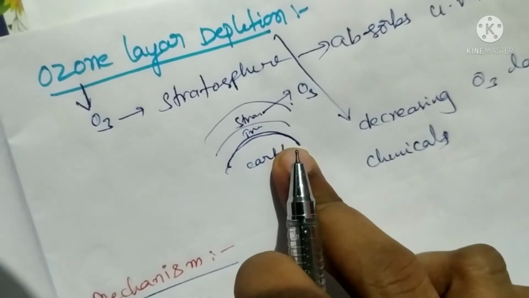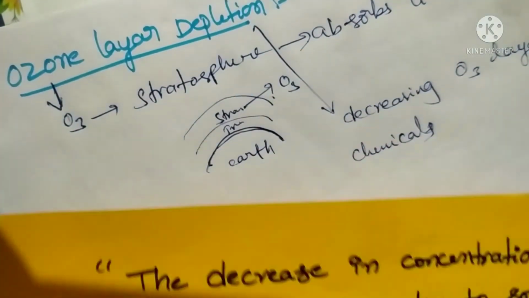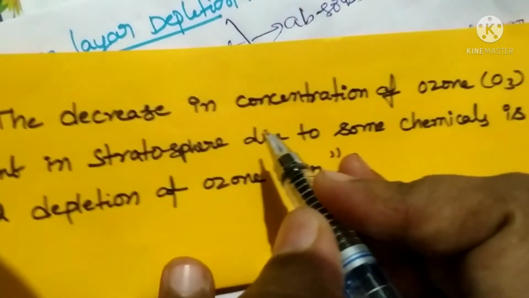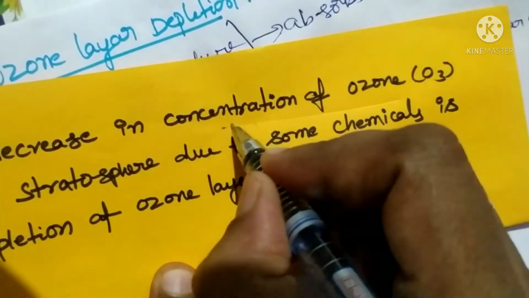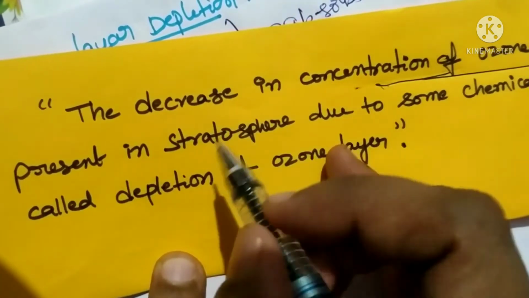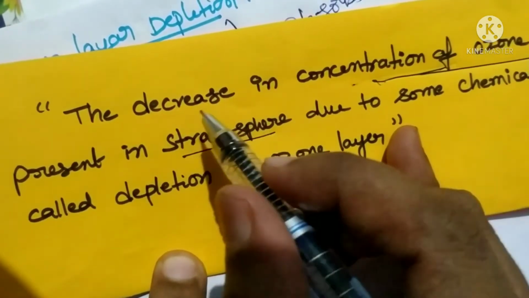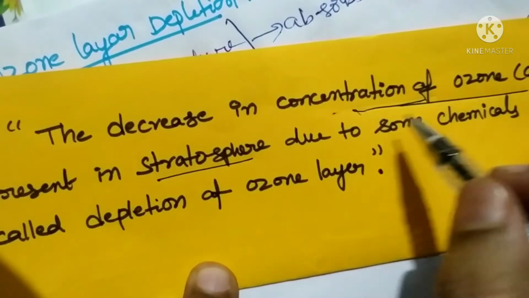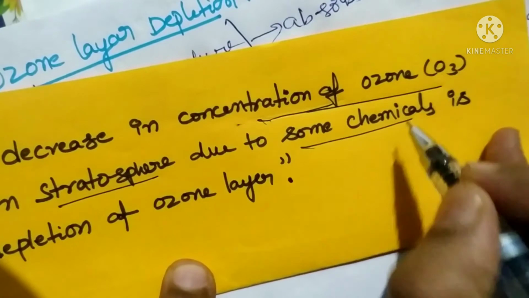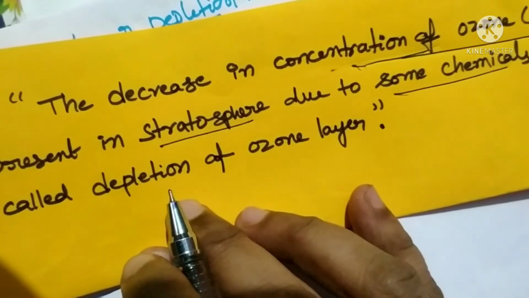How can you define ozone layer depletion? The decrease in the concentration of ozone present in the stratosphere due to some chemicals is called the depletion of the ozone layer.